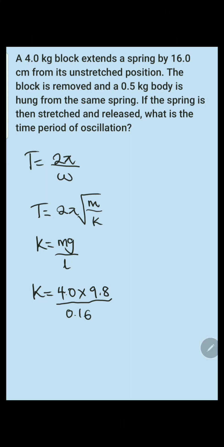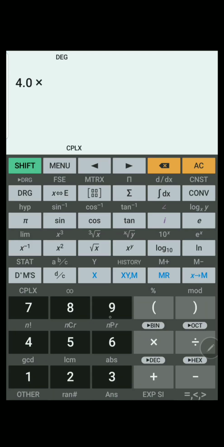Okay, so now we're going to do the mathematics and see what we get. Let's use a calculator. We have 4.0 multiplied by 9.8, then we divide this by 0.16.